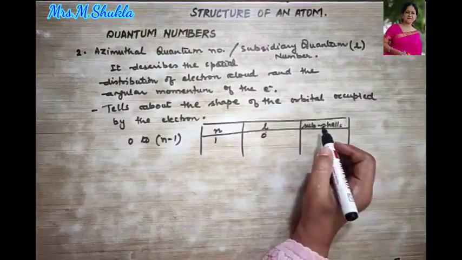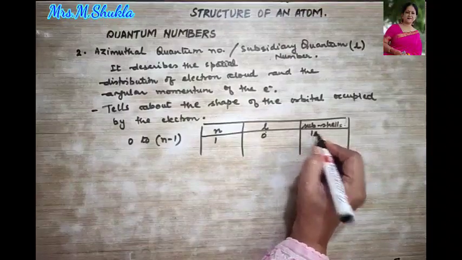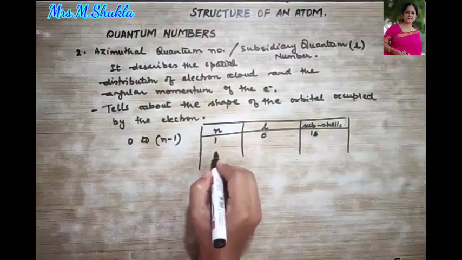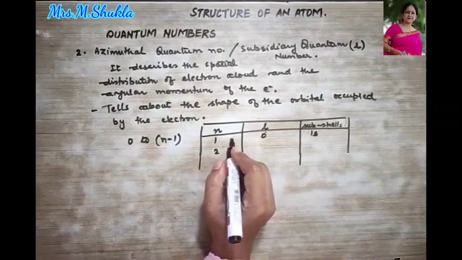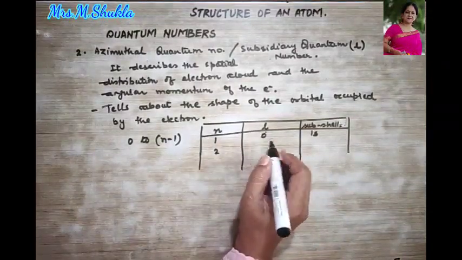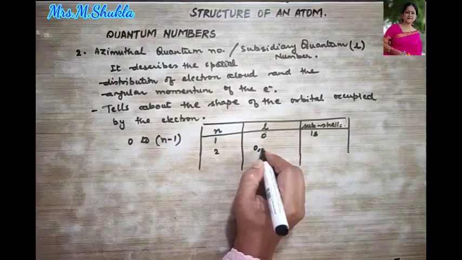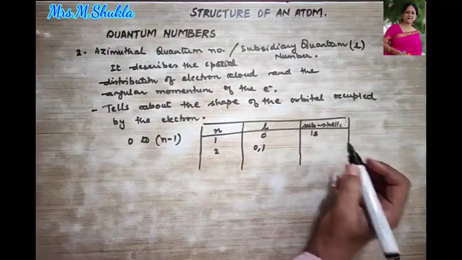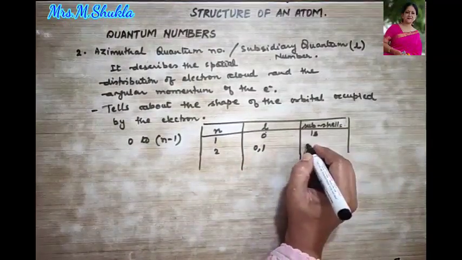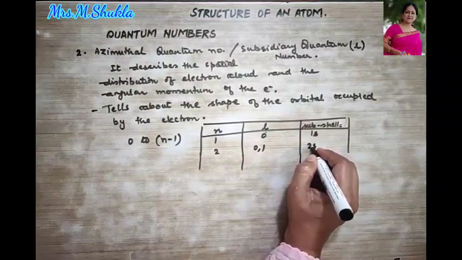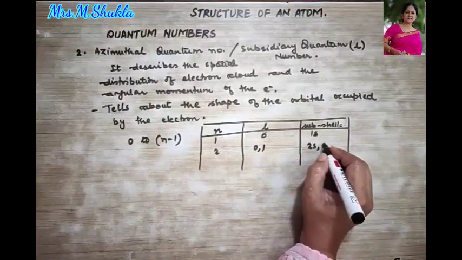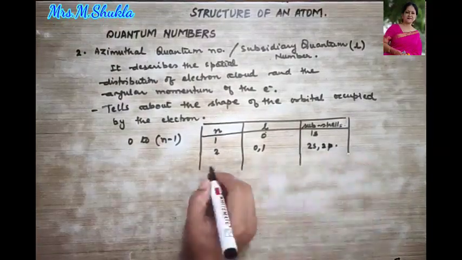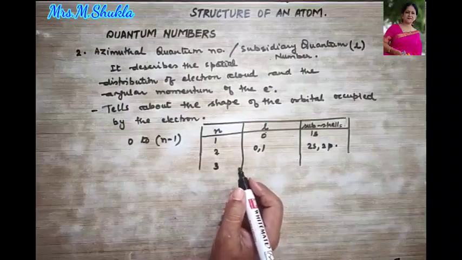Then the subshell notation will be 1s. If n is 2, then the azimuthal quantum numbers will be 0 and 1, and the subshell notations will be 2s, 2p, because it is present in the second shell.